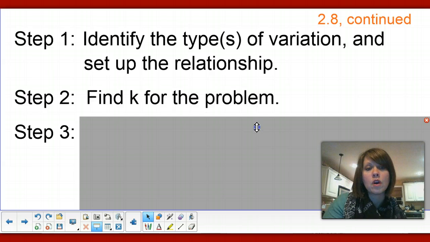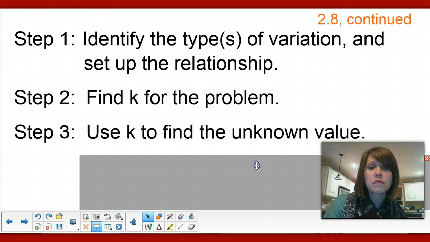Step 2, you're going to be given enough information in the problem to find the k value for your specific problem. I'm going to do example 4 here in a second, and we'll see that. And then in step 3, once you have been able to identify what your constant of proportionality is for your problem, you're going to use the k to find an unknown value.